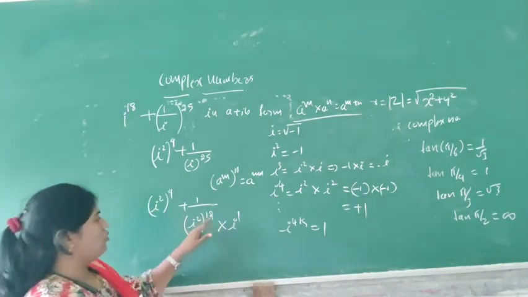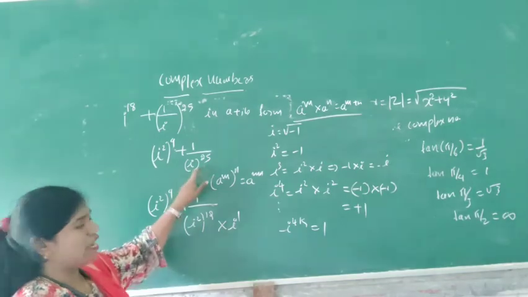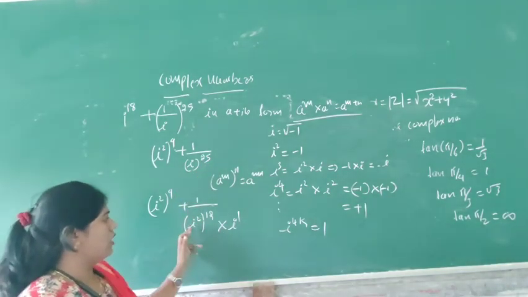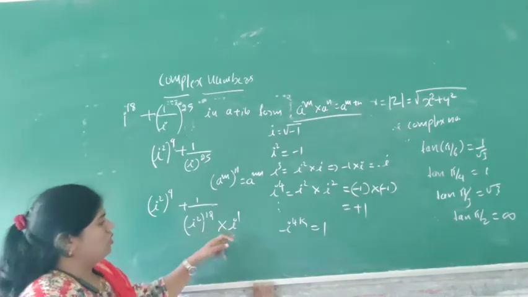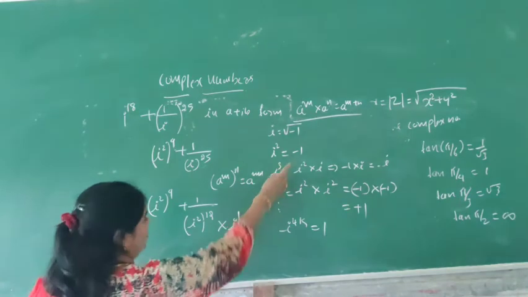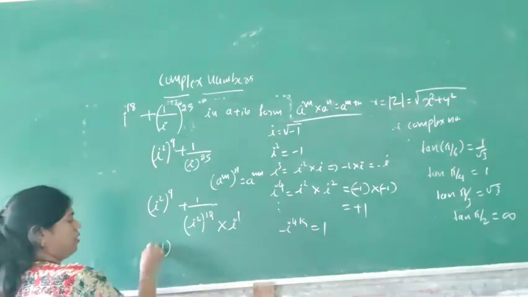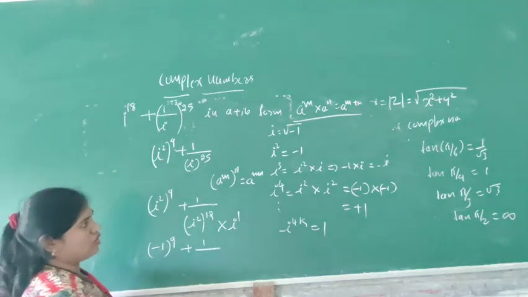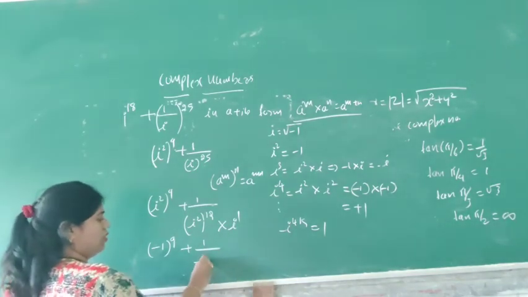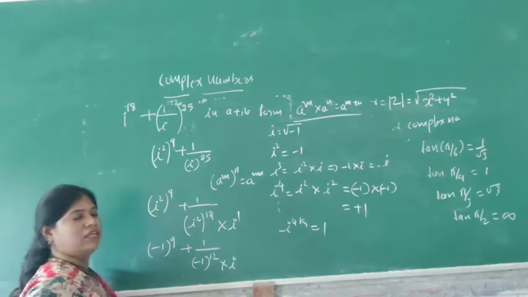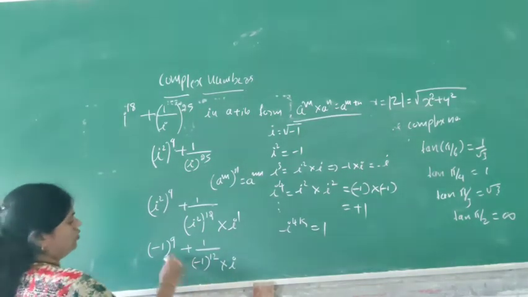So I raised to 18 is I square to the power of 9, plus 1 divided by I square to the power of 12 into I, correct? What is I square? I square is minus 1.